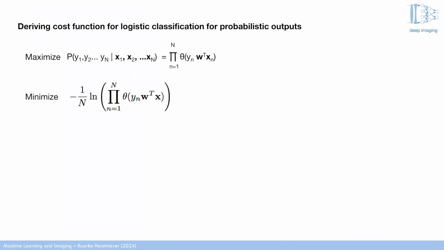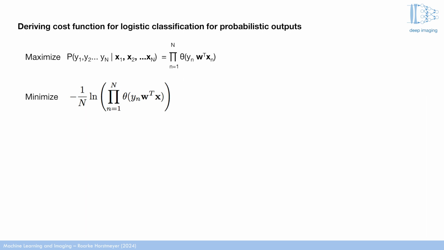All right, so now we just crank the wheel. If we want to maximize that probability, it's the same as minimizing the negative one times the log of that probability, right? Like I said, if you maximize a function, you can also maximize the log of that function, and you're doing the same thing because log is a monotonic function.